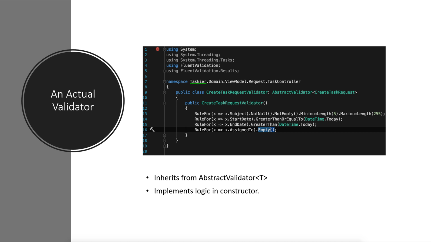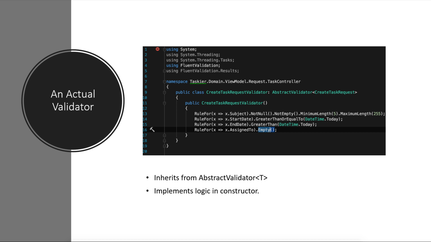And we're also making sure that the assigned to is empty, because we're going to do that at a later point in this test application using the user that you're logged in as. So we don't want you passing that into us. So actually I should probably just remove that field from this particular object, but for the sake of showing some different rules, we've added it here, and it's got to be empty.